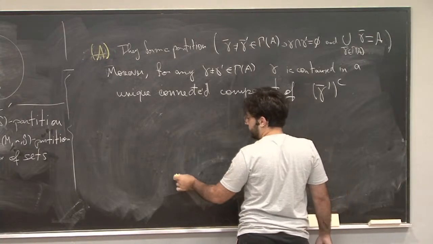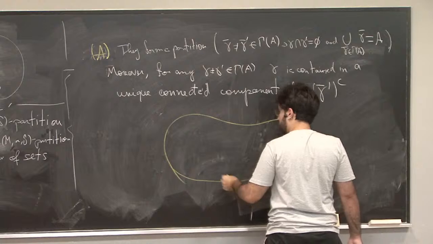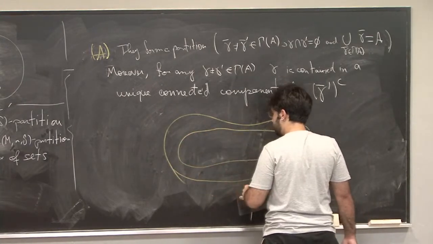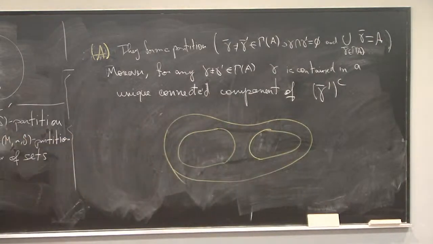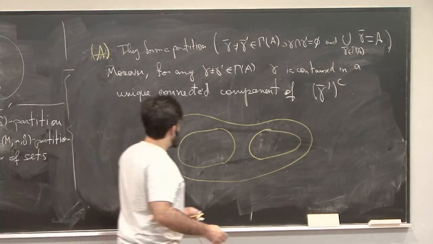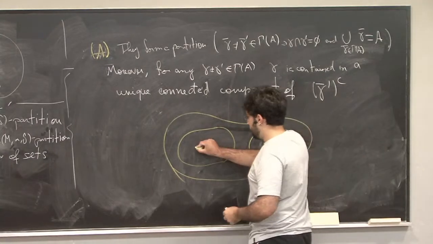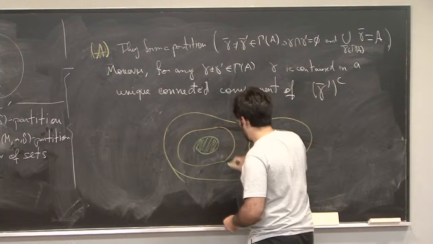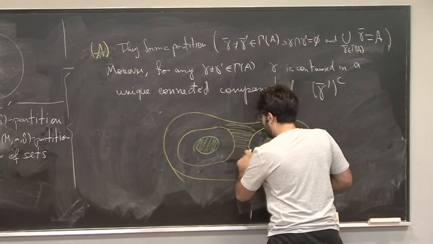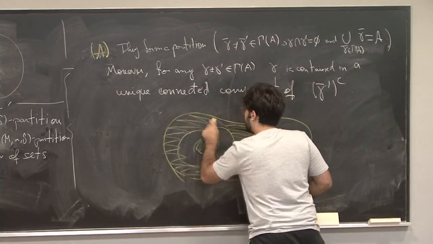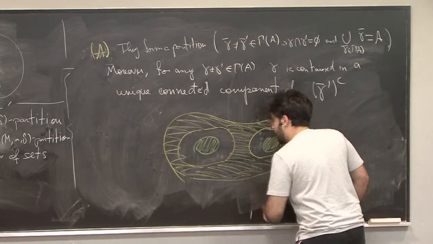Let's say that your set A is something like this, like the mask with the eyes, and you want to make a partition of it defined by the colors.